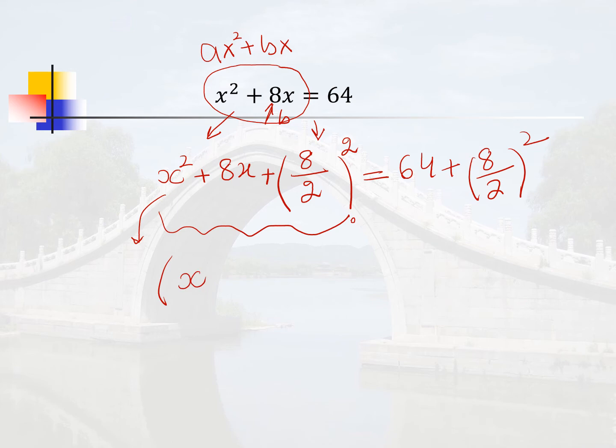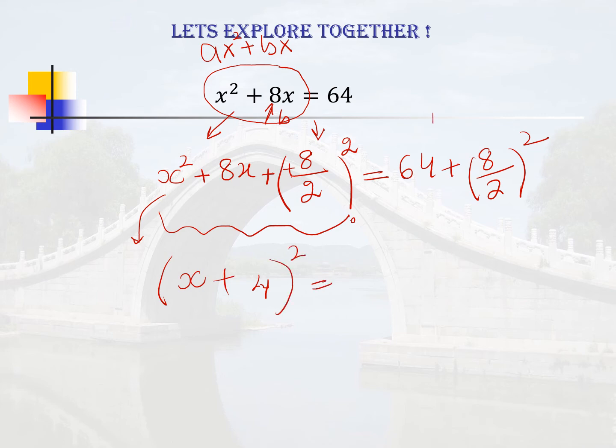And now just write down 8 by 2 as it is. 8 by 2 will give you 4, because the square root of 8 by 2 whole square will be 8 by 2, and 8 over 2 is 4. And here it is plus, so you write plus. Whole square equals, simplify the right hand side. So 64 plus 16 will give you 80.